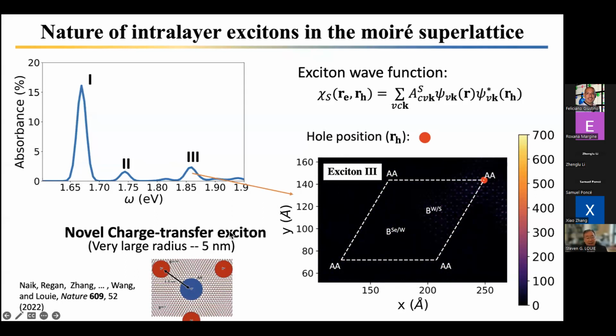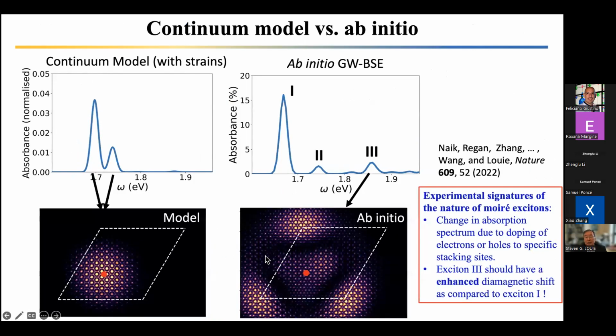And this charge transfer exciton has a very large radius in the order of 5 nanometers, even though the binding energy is still very large, in the order of a fraction of an electron volt. And this basically comes from having flat band and strong modulation in the potential seen by the quasi-particle in the system.